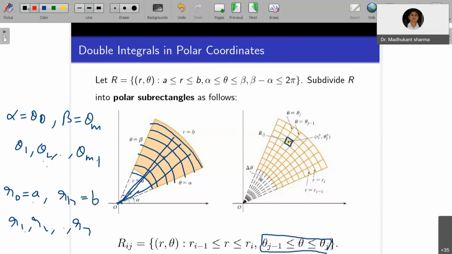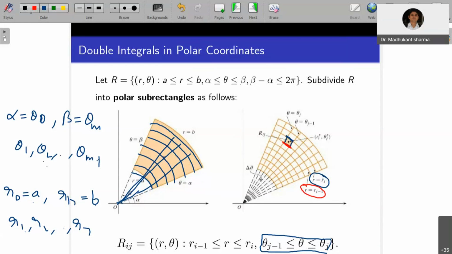Here you can see this is a circular arc, r equals r i minus 1. Another one is a circular arc, r equals r i. We will find out the length of it.